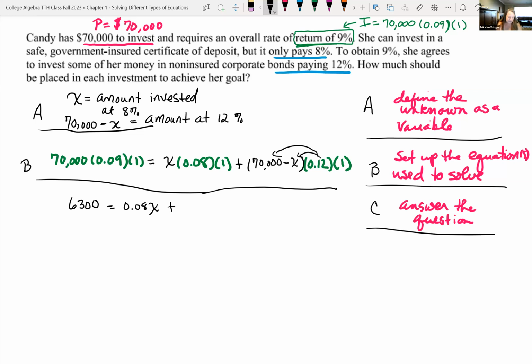So 70,000 times 0.12 is 8,400, minus distributing that 0.12 to the x, so minus 0.12x. Okay, so we have a linear equation. Let's simplify down the one side by combining like terms, and then we want variables to one side, constants on the other.